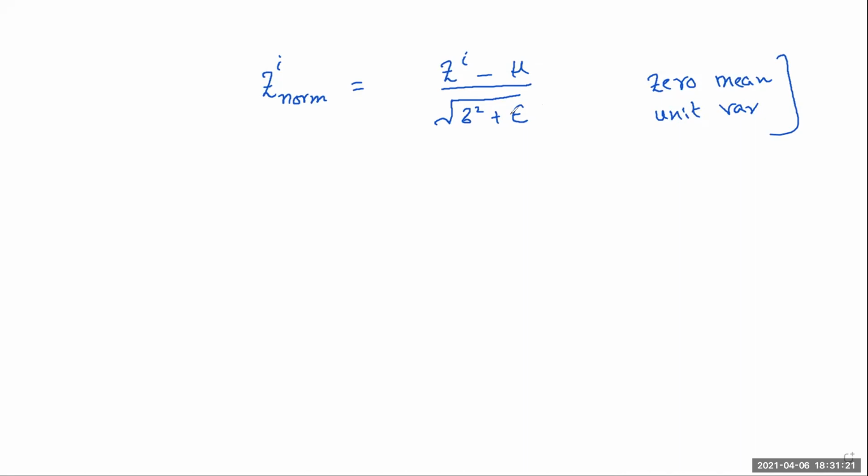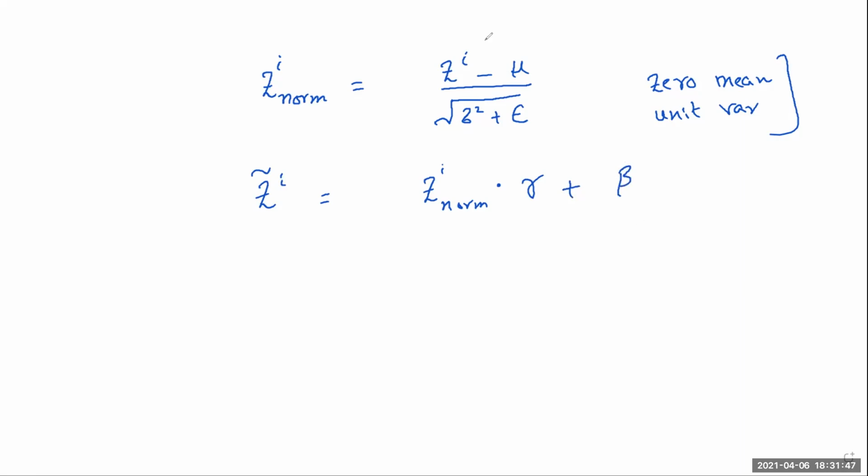We want to give the network flexibility to choose any mean and any variance rather than zero mean and unit variance, right? For that, let's call it Z tilde. What is this? You multiply this with gamma, and you add beta.